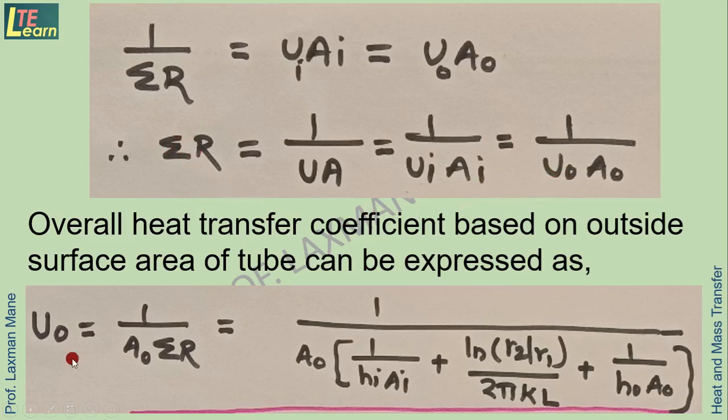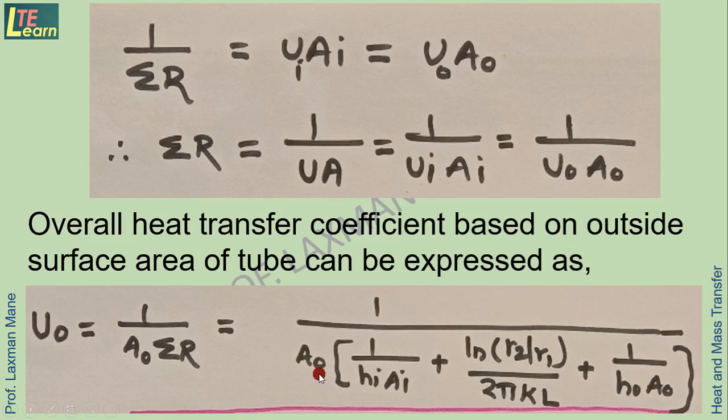So Uo will be equal to 1 upon Ao into summation of R. Summation of R we already have from the last slide. Ao is written outside the bracket.